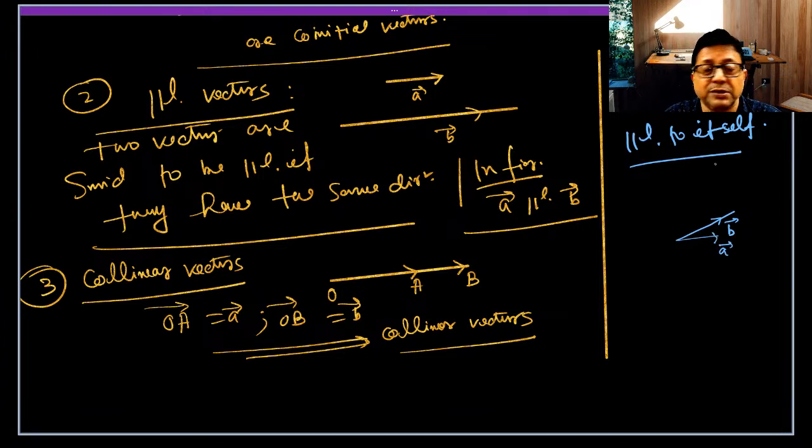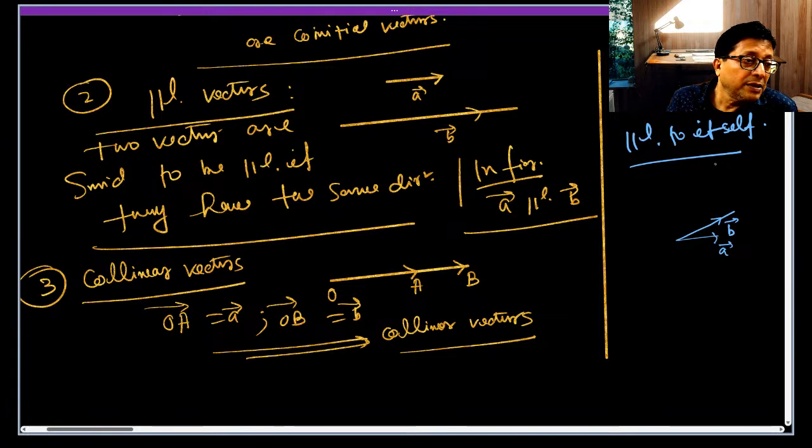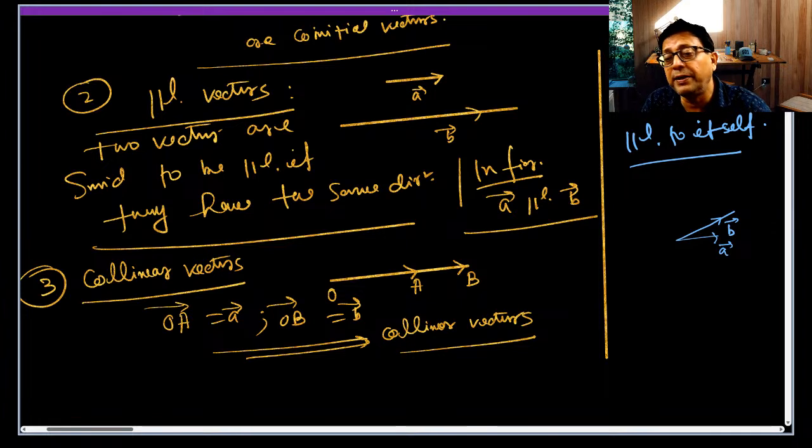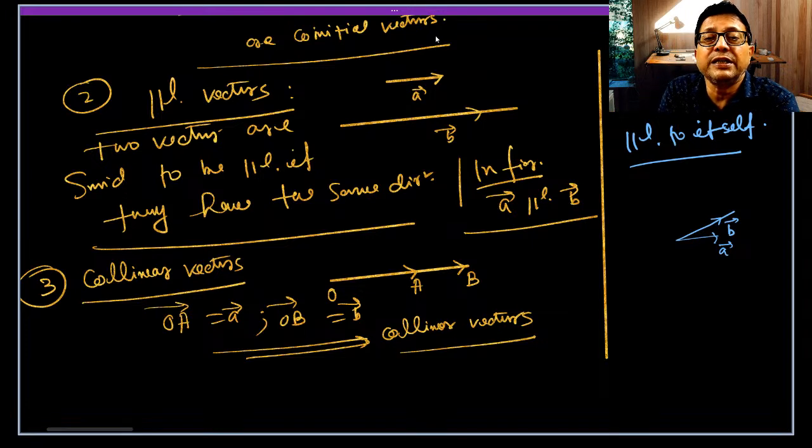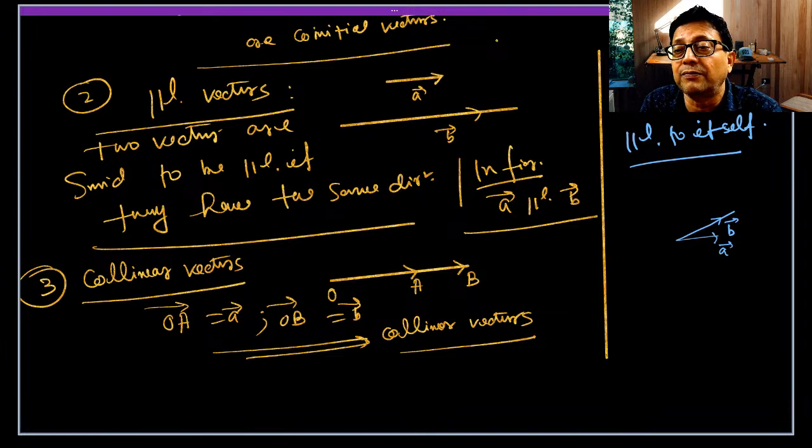We can make them coincide easily just by moving parallel to itself. This is a very important property. In case of addition of two vectors, this will play a very important role. So remember, never forget this. It's a very important concept in vector. A vector can be slid parallel to itself.